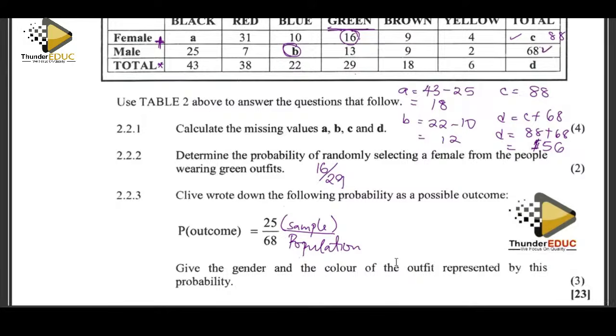We have it here, 68. So that means the gender is male. Now, when you follow this line here, which color has 25? It's black.